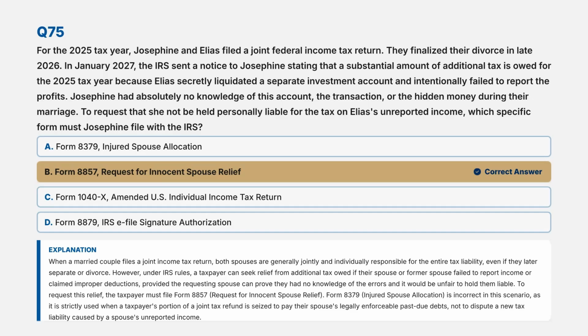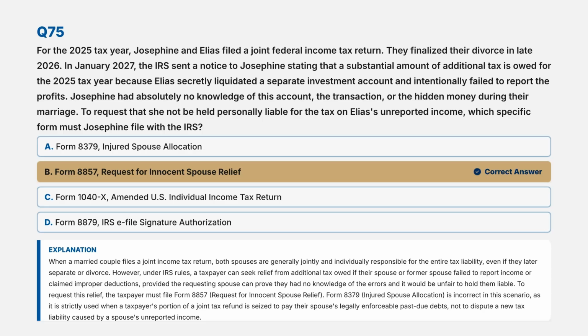However, under IRS rules, a taxpayer can seek relief from additional tax owed if their spouse or former spouse failed to report income or claimed improper deductions, provided the requesting spouse can prove they had no knowledge of the errors and it would be unfair to hold them liable. To request this relief, the taxpayer must file Form 8857, Request for Innocent Spouse Relief.